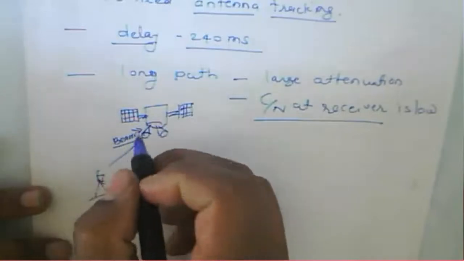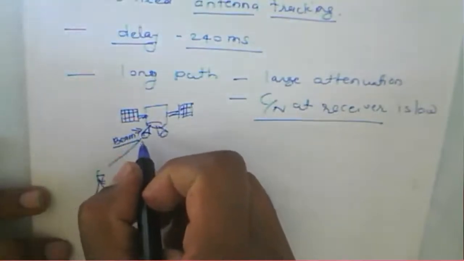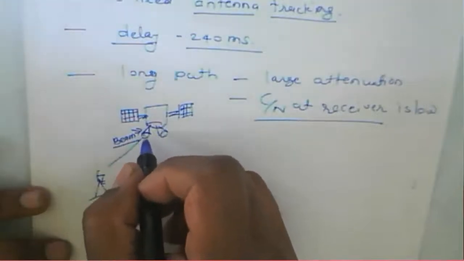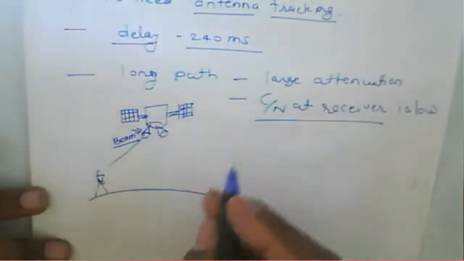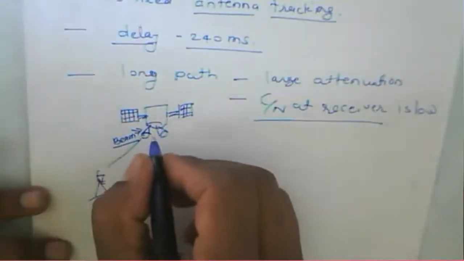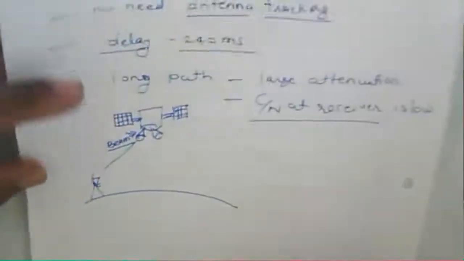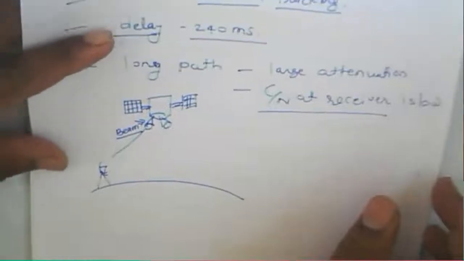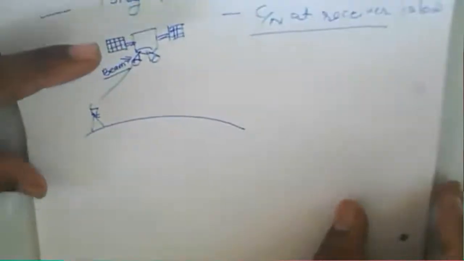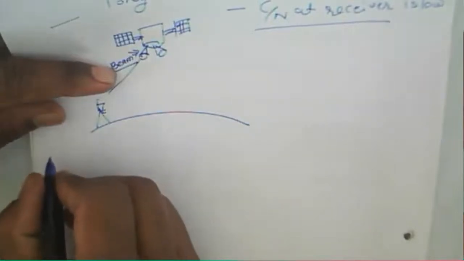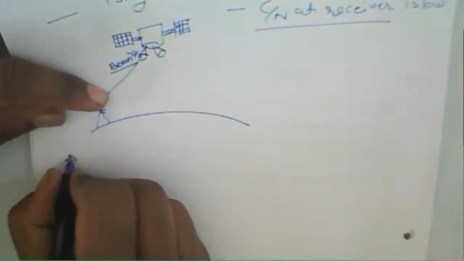Narrow or large beam width depends upon the size, or upon the application. But we will have a large gain. As the size increases, the gain will be larger. These are the applications, the most common applications, in which geostationary satellites are used.